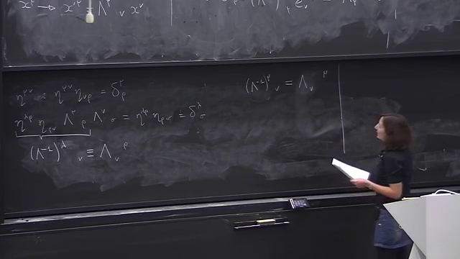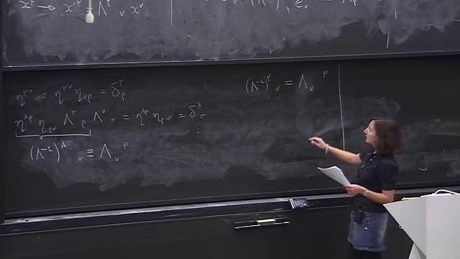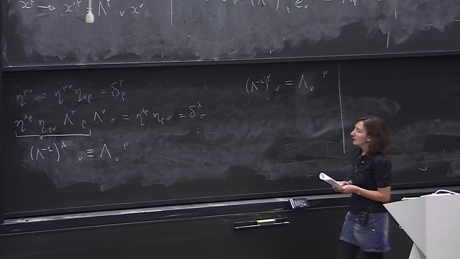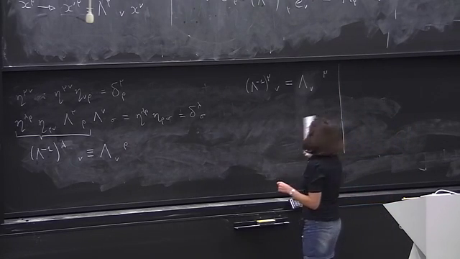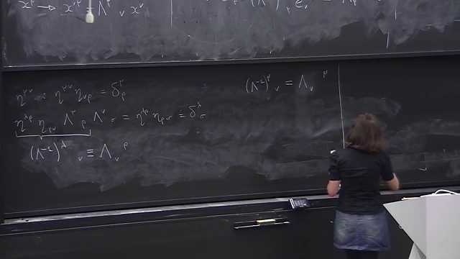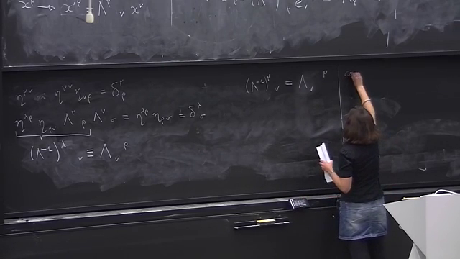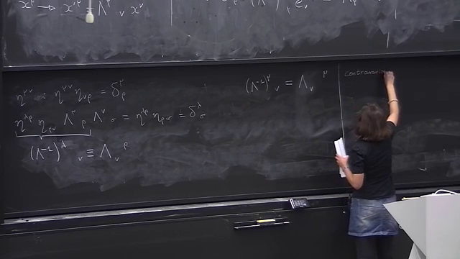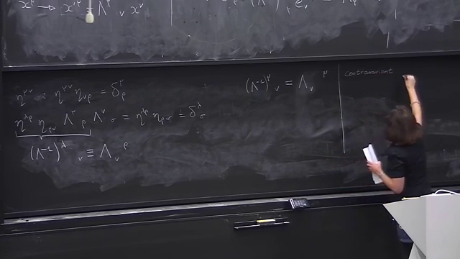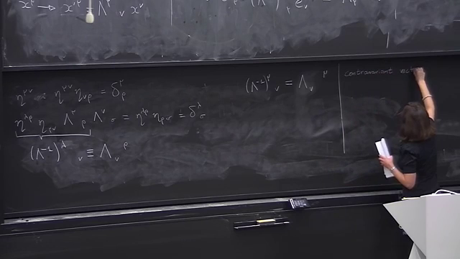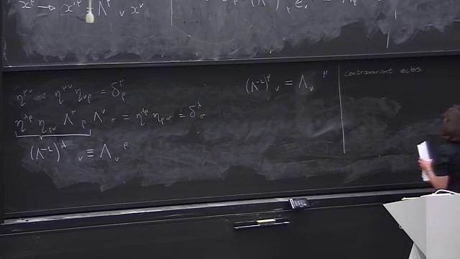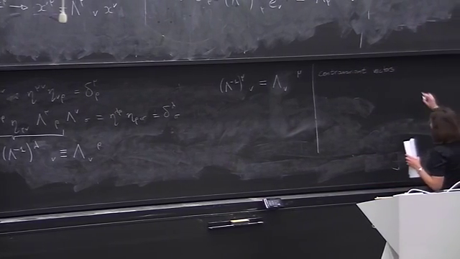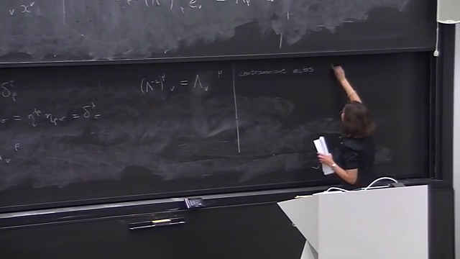Okay. All vectors that transform with the Lorentz matrices lambda are called contravariant vectors. And they come with a raised index.